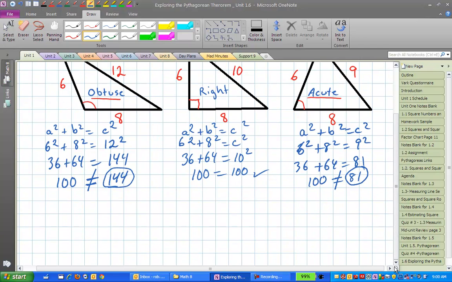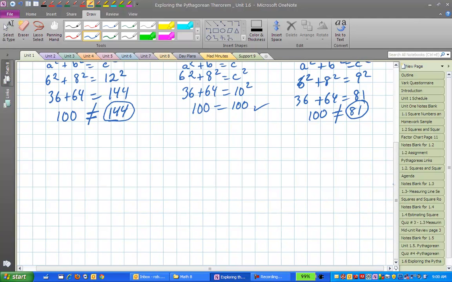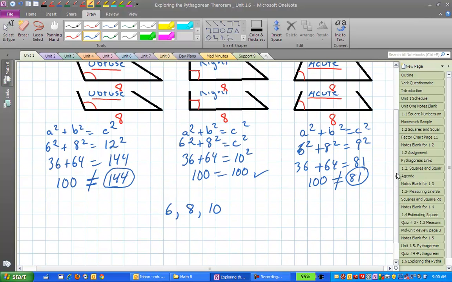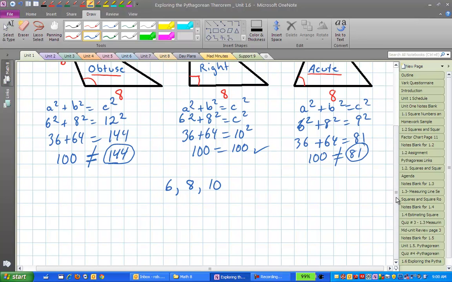Now, another term that we're going to learn is this: these numbers, 6, 8, and 10. Those are the dimensions of this right triangle. When you apply the Pythagorean theorem to these three numbers, you square the two shorter sides, add them together, and it equals the square of the longer side.